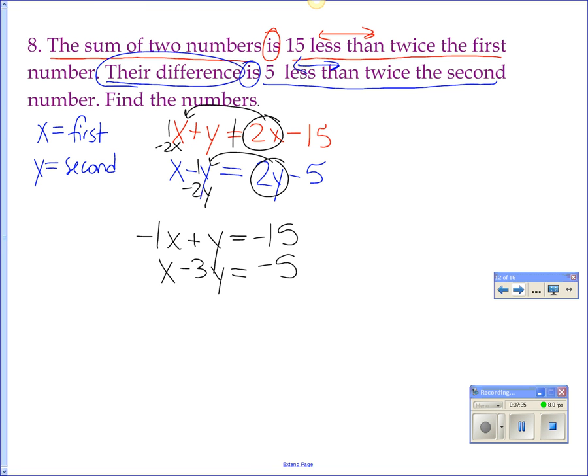The good news is, after you've done that, what do you notice? The x's cancel for you. So at least you get a break somewhere. So the x's cancel. What is 1 plus negative 3? Negative 2. And negative 15 and negative 5 is negative 20.